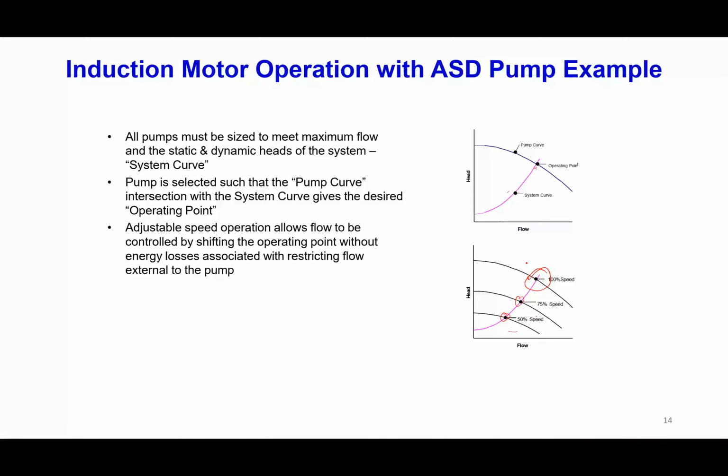We can vary the speed of the pump, which allows the flow to be controlled. The flow can be controlled by shifting the operating point without energy losses from restricting flow external to the pump.